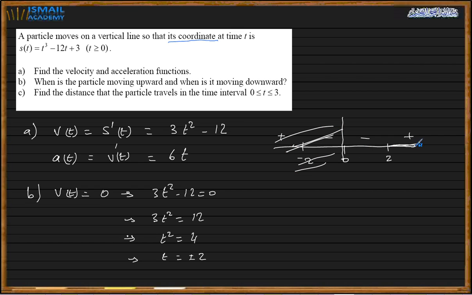Which means that between 0 and 2, the particle is moving downward, because this is decreasing, then increasing. So between 0 and 2, it's moving downward, and from 2 and up, moving upward.